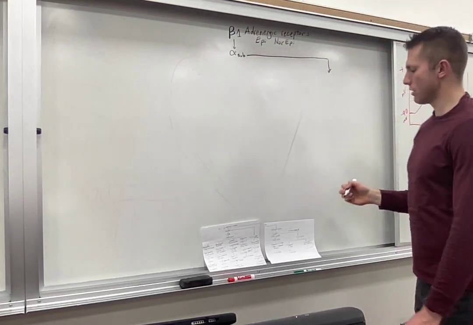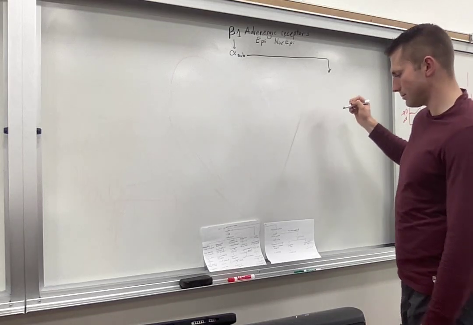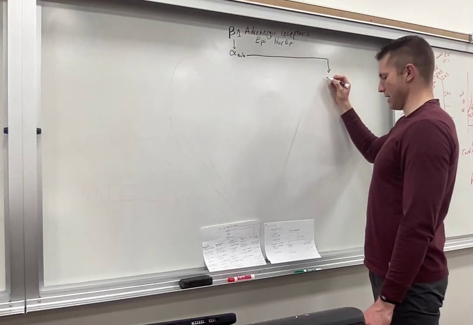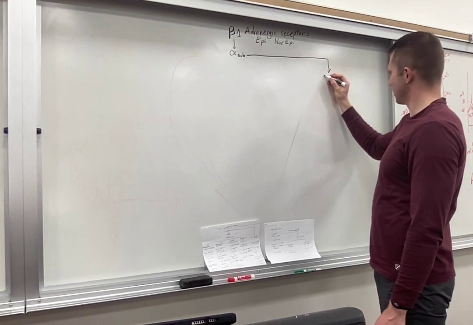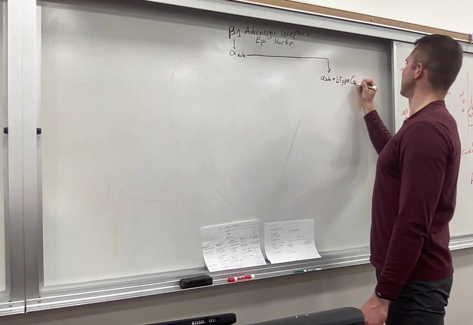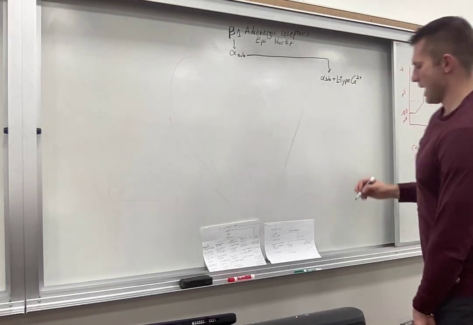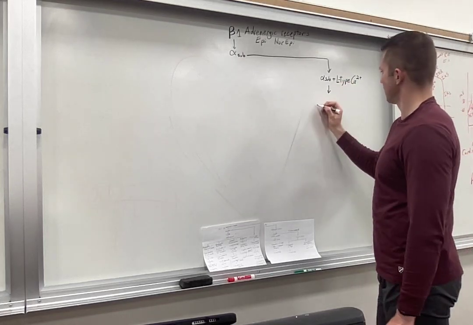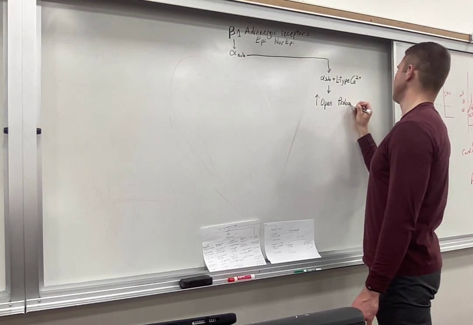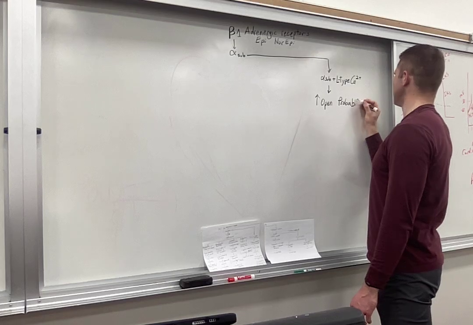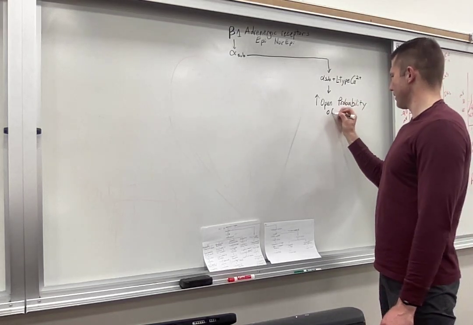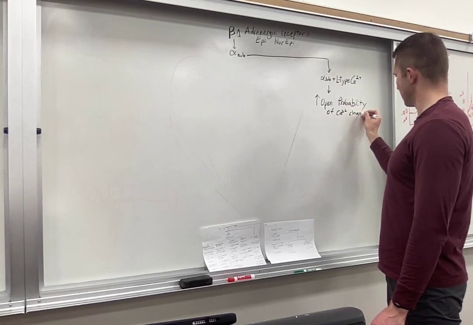Okay, so what is this alpha subunit going to do? It is going to influence an L-type calcium channel, and that's going to increase the open probability of calcium channels.